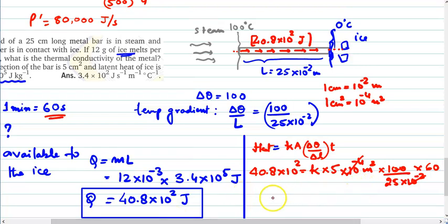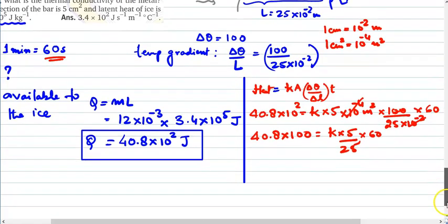Is this clear? So what we will be having is 40.8 into 100 is equal to K into 5 upon 25. I have already cancelled these four zeros, into 60. Can you solve it for K? Please do the mathematics for me.